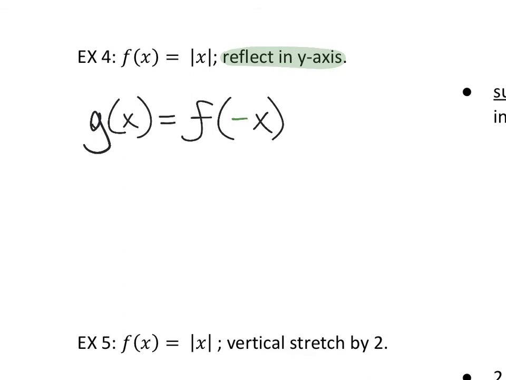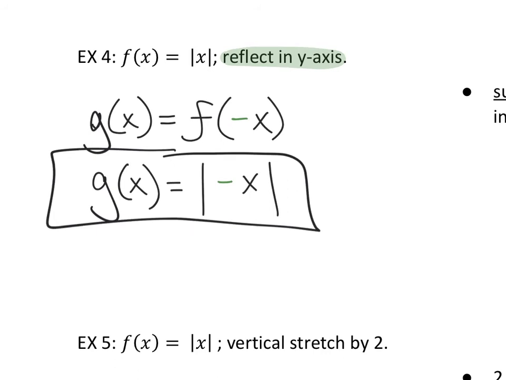So anywhere in my original function that there was an x, I'm going to replace with negative x. So if I write the new function, g of x is going to be equal to the absolute value of negative x. Boom. That will reflect it in the y-axis, which doesn't visually change the graph at all.